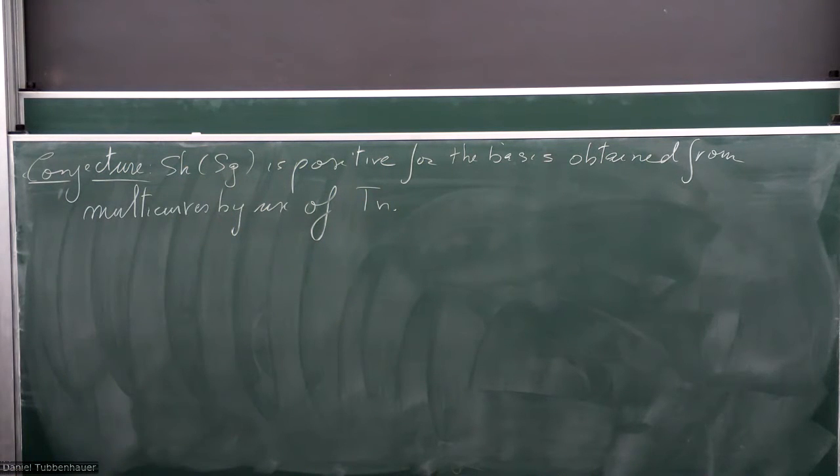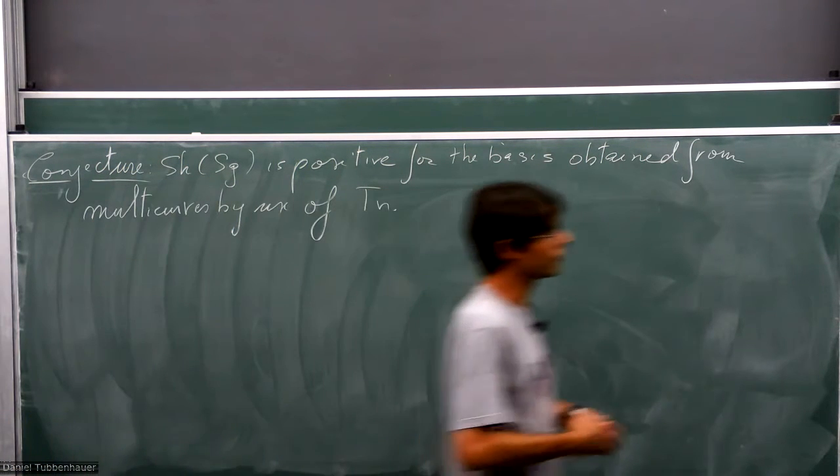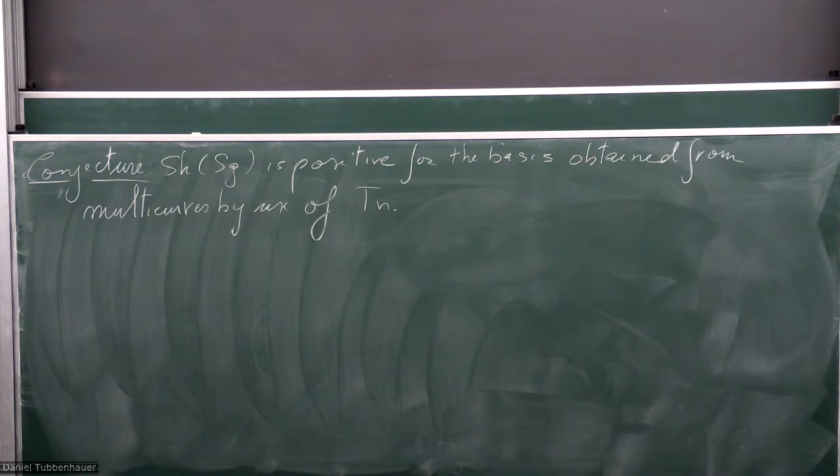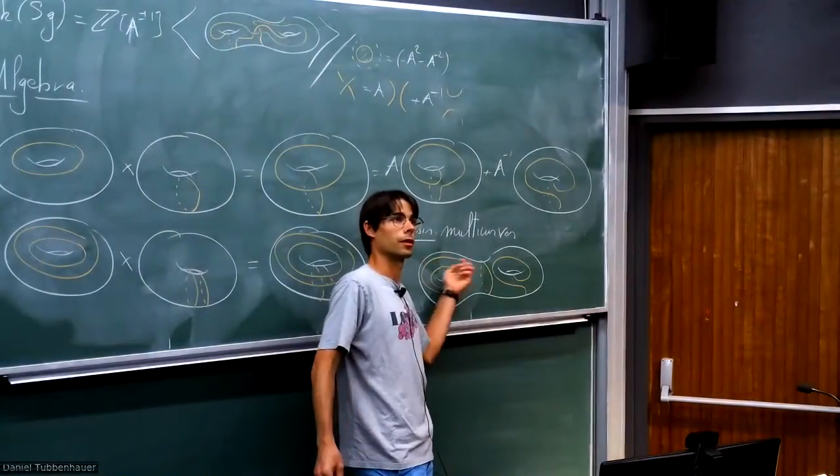Somehow, whenever you have parallel copies of the same curve, you want to replace it by the Tn polynomial associated to that simple curve.